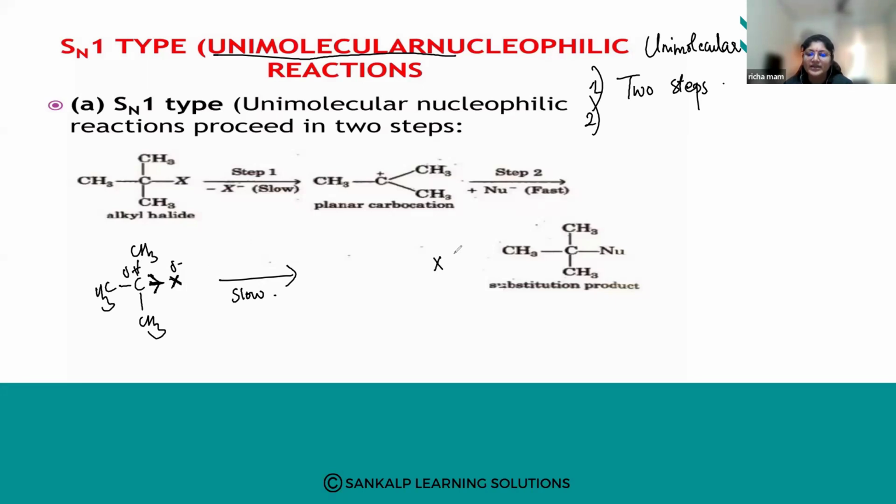The halogen takes its electron pair with it and leaves, so the carbon is left with a positive charge. This is the first step: formation of a carbocation. The leaving group leaves with its pair of electrons.